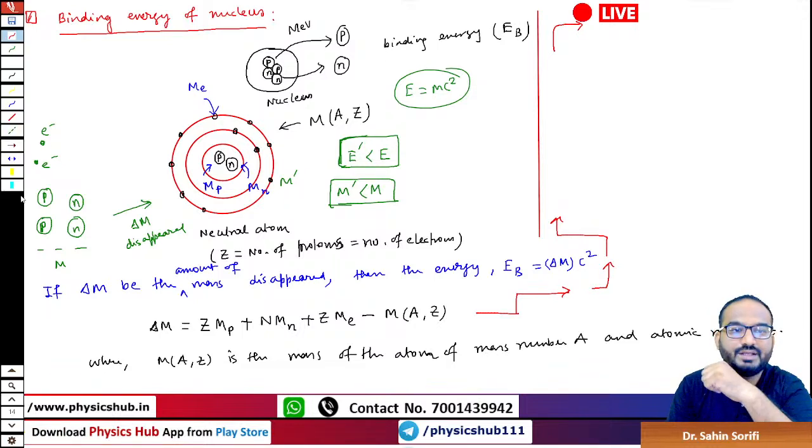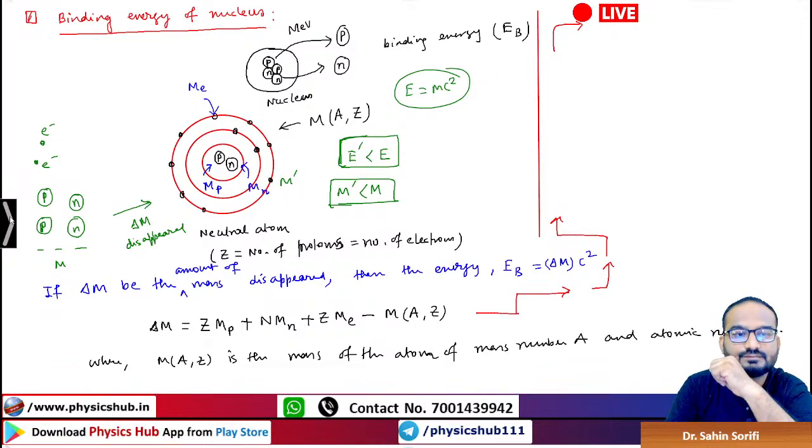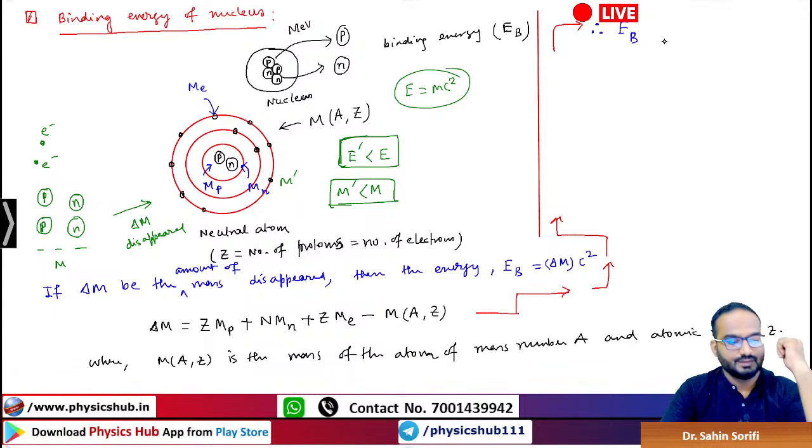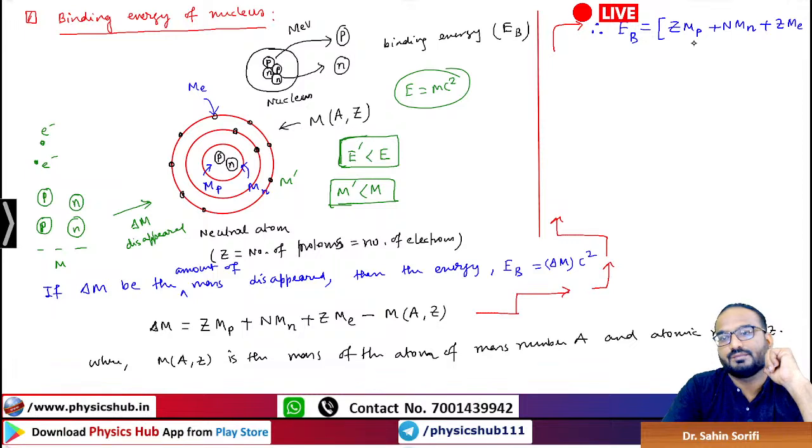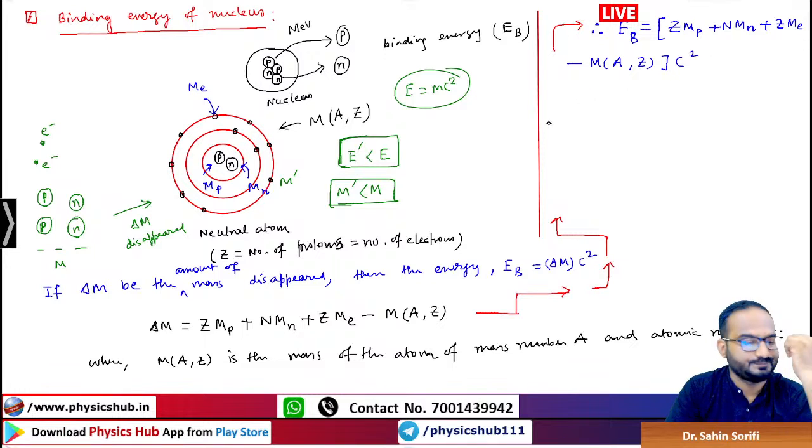So what will be our EB? Therefore, EB is equal to Z times mp plus N times mn plus Z times me minus the mass of the atom, times c square.